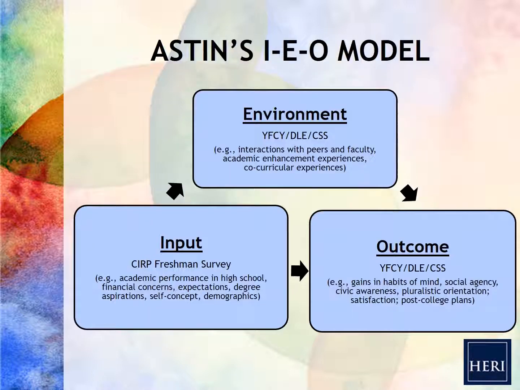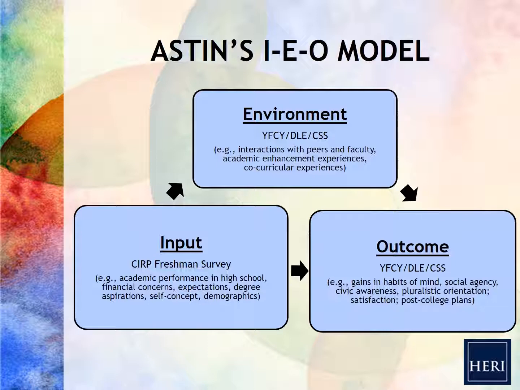Next slide, please. It's important because Alexander Astin, who's our founding director, created the freshman survey in 1966 at the American Council on Education. His method of analysis for this type of data is what we call IEO: input, environment, outcome. What a lot of institutions or studies tend to focus on is the relationship between the environment and the outcome.